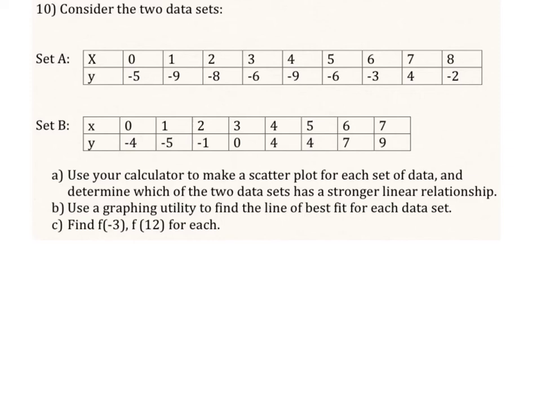Then in L1, we want to go 0, Enter, and all the way through. And enter in all your x values. Even if they repeat, you need to enter them.